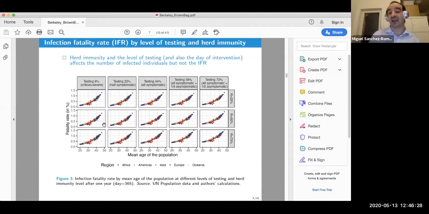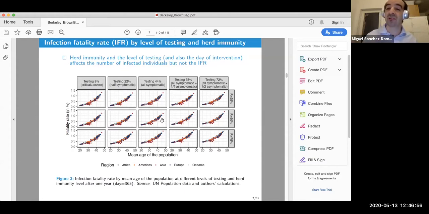So the take-home message in principle is clear: non-pharmaceutical interventions affect the probability of getting infected. But the infection fatality rate is the probability of dying conditional on being infected. So what we are seeing is that the infection fatality rate in principle shouldn't be affected by the non-pharmaceutical interventions.